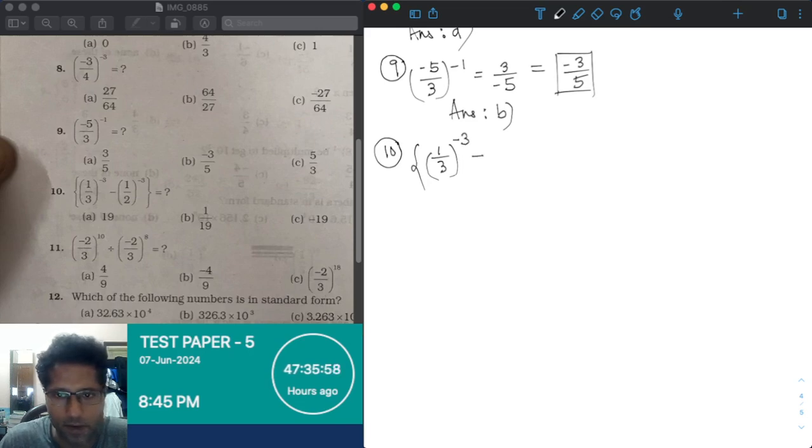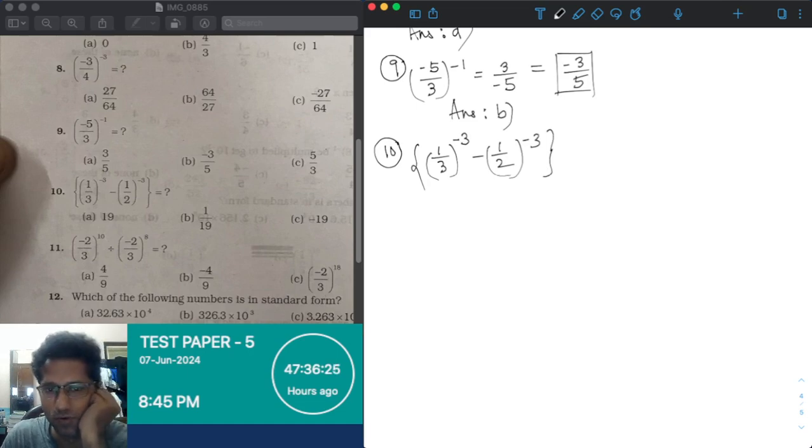Okay, 10. 1 by 3 raised to the power minus 3 minus half raised to the power minus 3. Okay, we have to simplify.